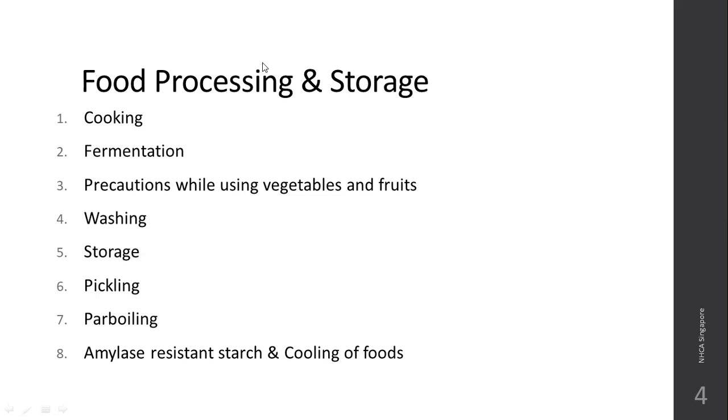But in fermentation, the food's own bacteria will make the changes. We add salt for its bactericidal effect. Pickling, we do the pickling of vegetables so that it can be used for a longer period of time.